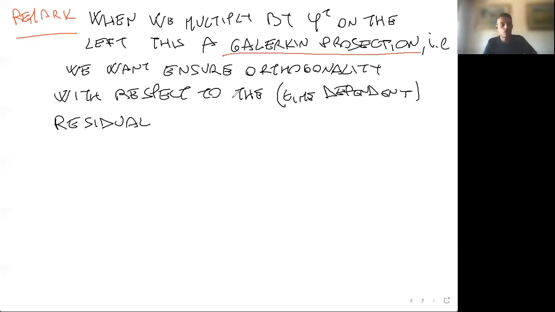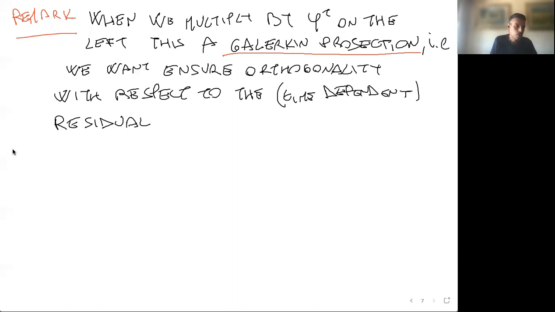One can also try to do a Petrov-Galerkin projection, but this is out of the scope of the notes. In particular, for the method that I'm going to explain, which is proper orthogonal decomposition, we are not going to use Petrov-Galerkin approximation.